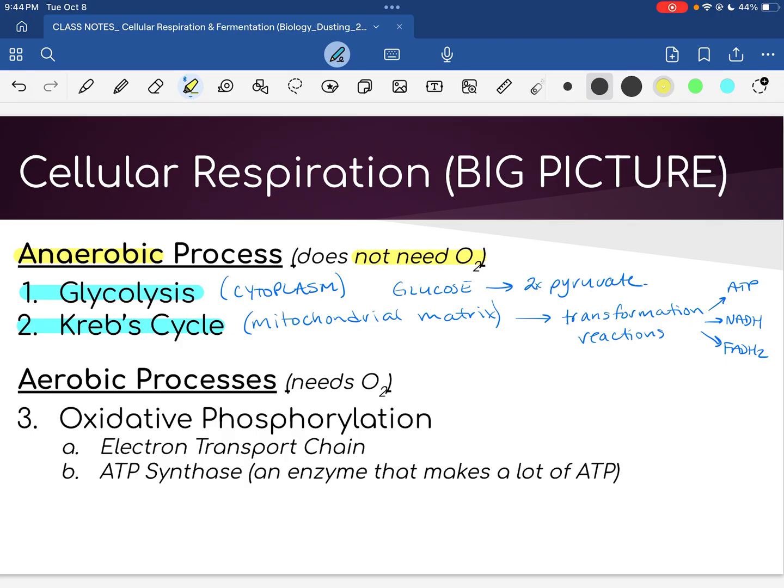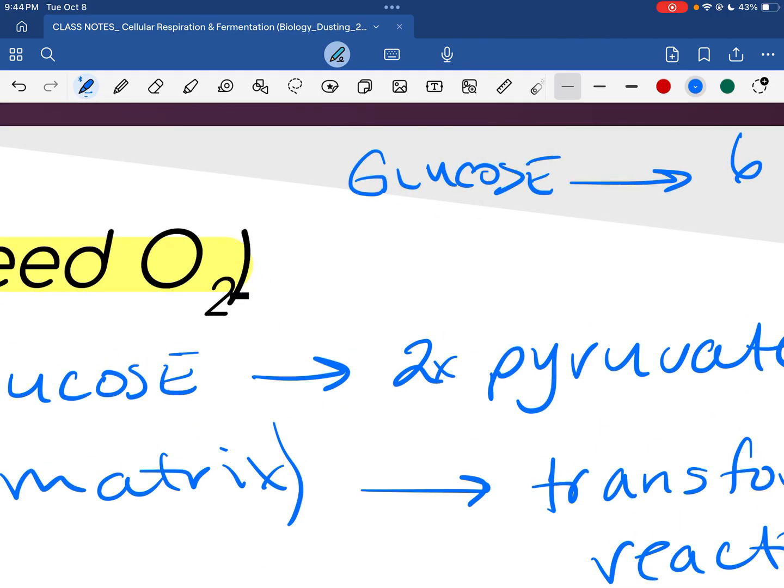But what does happen in these processes is glucose goes in, and out comes 6 carbon dioxides. Okay, so we're breaking this glucose apart. Remember, glucose is C6H12O6.